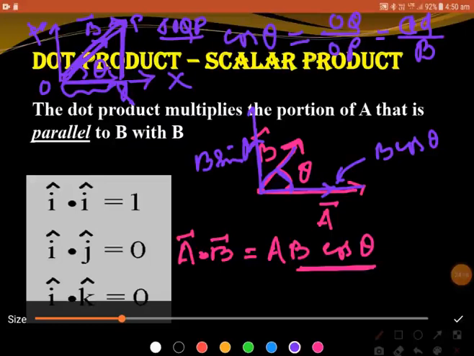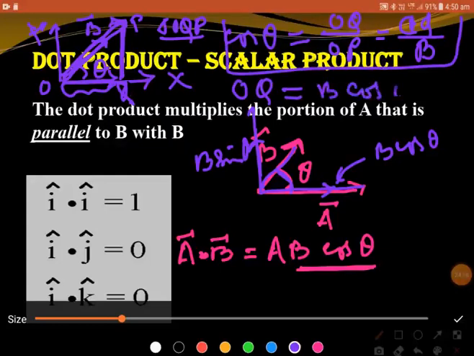So from this equation, OQ is equal to b cosine of theta. This length OQ will represent the magnitude of the component of this b vector.